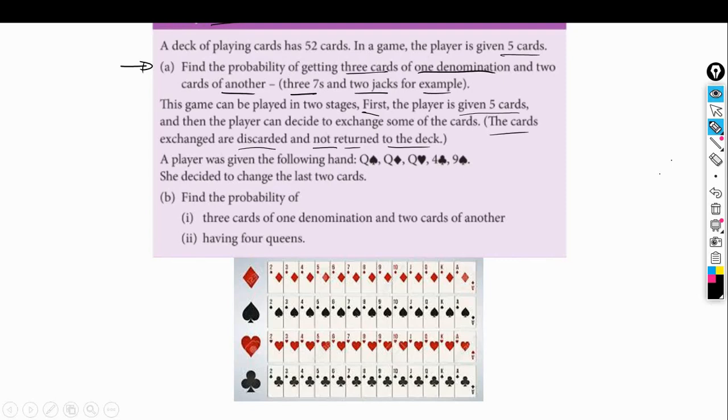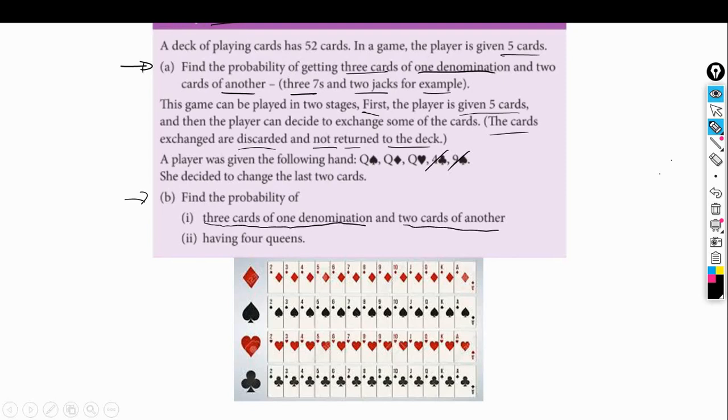She decided to change the last 2 cards. So she discards the 4 of Clovers and the 9 of Spades, and she's left with 3 cards. For part B, find the probability of 1, 3 cards of one denomination and 2 cards of another.